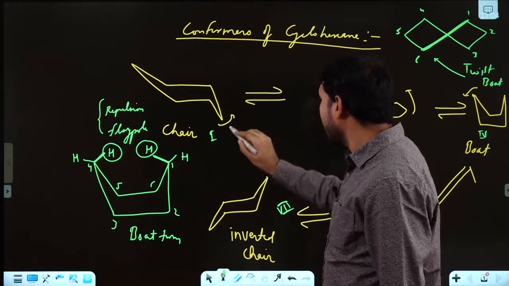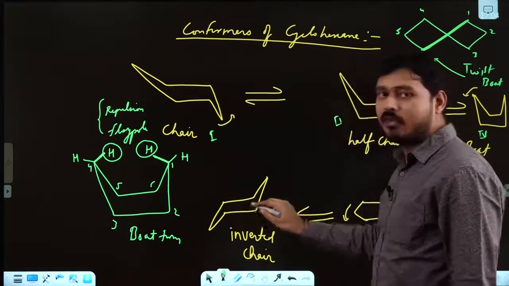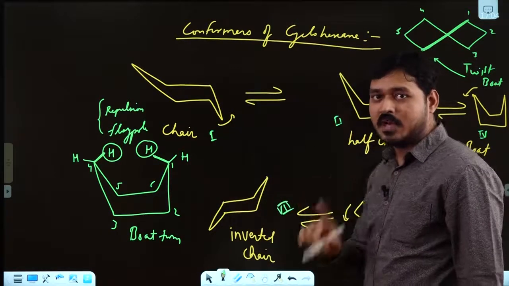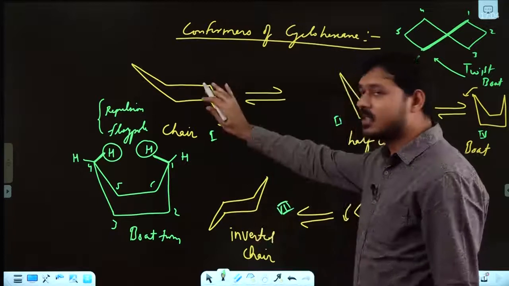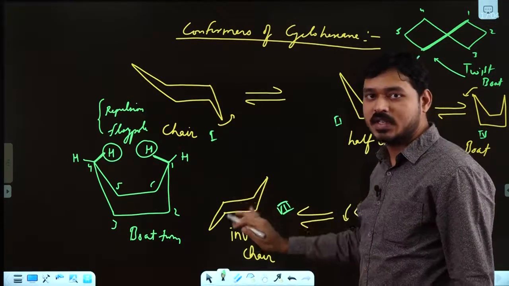So I can understand here that chair form up to inverted chair. In chair, if any hydrogen lying in axial, in inverted chair it will go into equatorial part, right? But most important part is if it is having cis configuration, the configuration in this form inverted chair will also be cis form.